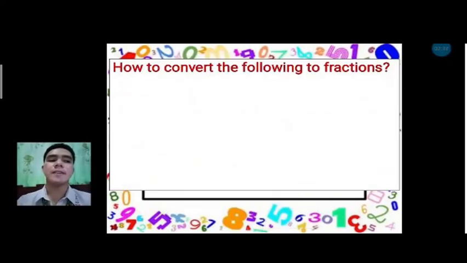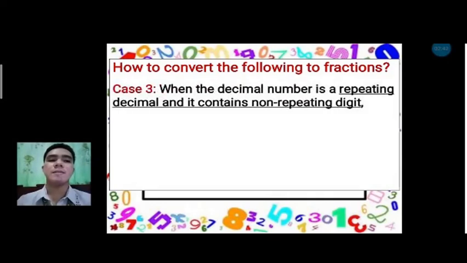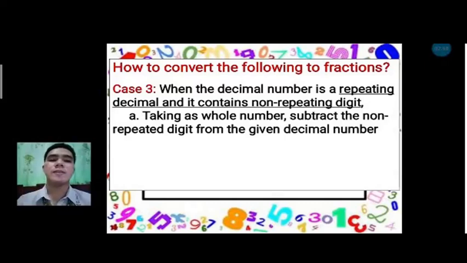Case number 3, when the decimal number is repeating and it contains non-repeating digits. First, take the decimal number as a whole number, then subtract the non-repeated digits.